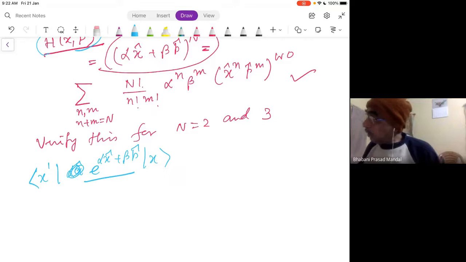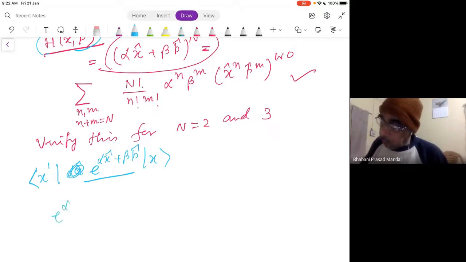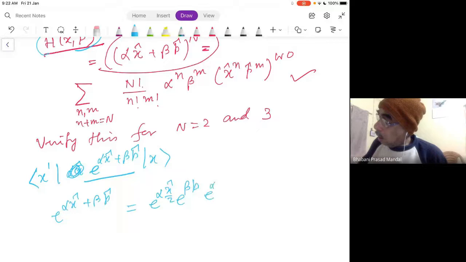Here is one important concept which you need to solve many problems. e to the power alpha x plus beta p can be written as e to the power alpha x by 2, e to the power beta p, e to the power alpha x by 2.